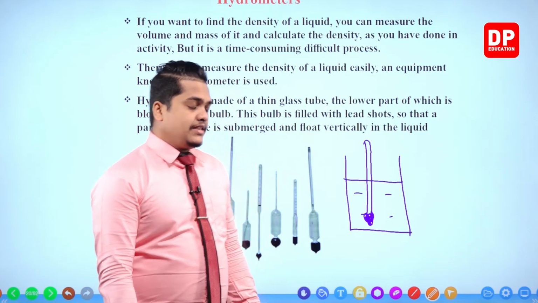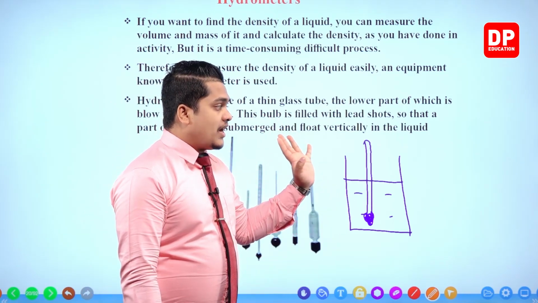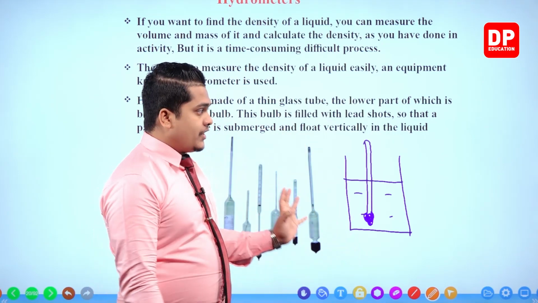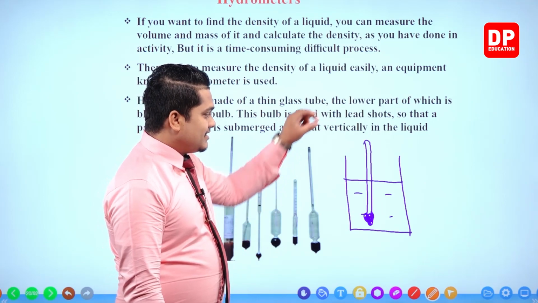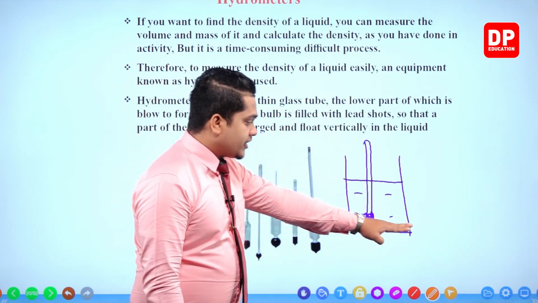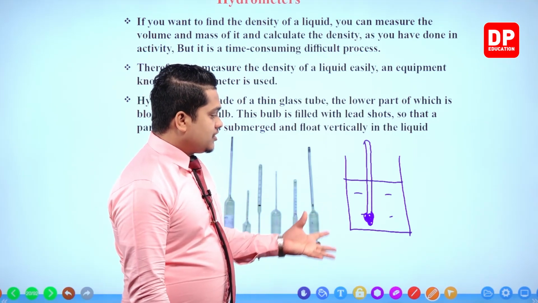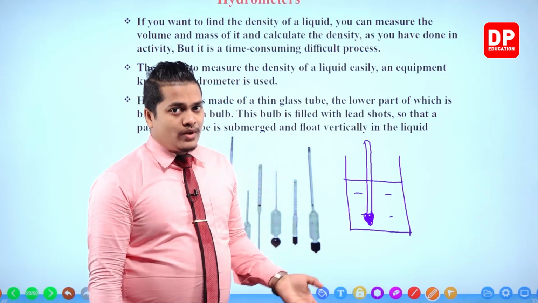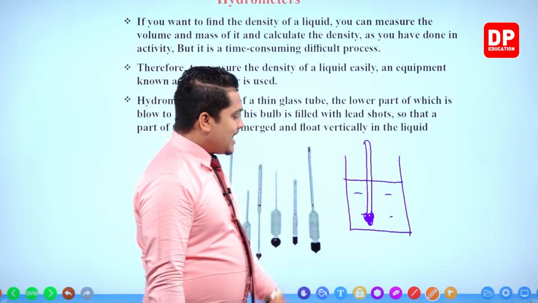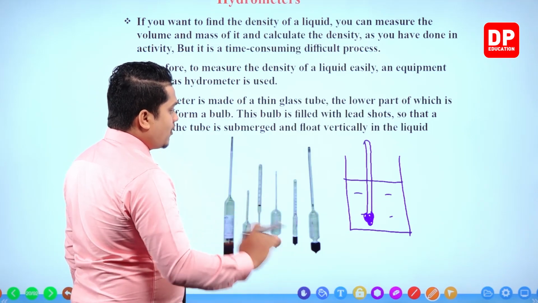When you are taking this liquid, you have to take a special vessel so that we can insert the hydrometer without touching the bottom of it. If the bottom is touched, then you won't get accurate answers. It should be sunk within the liquid and float.